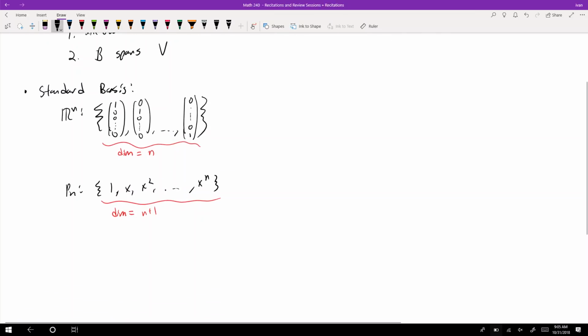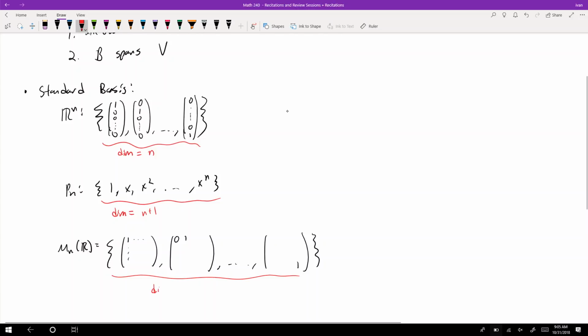Then M_n(R), the n by n real matrices: you have a 1 and everything else is 0, then 0, 1 and everything else is 0, and you go all the way over to the 1 in the bottom right. The dimension of this is n squared because you move that 1 around everywhere.